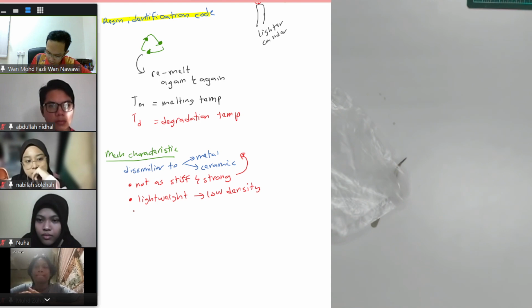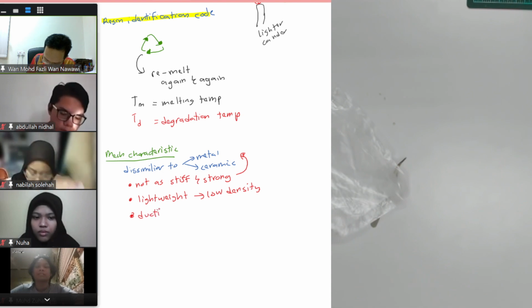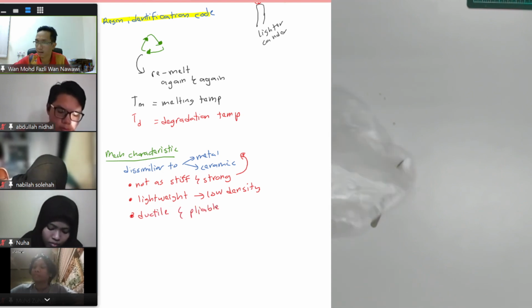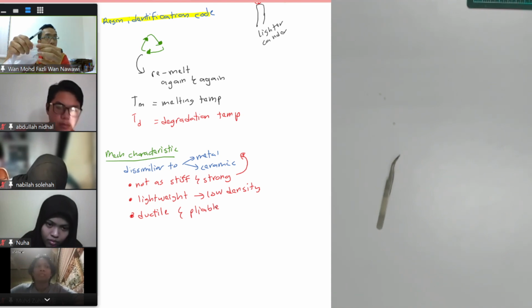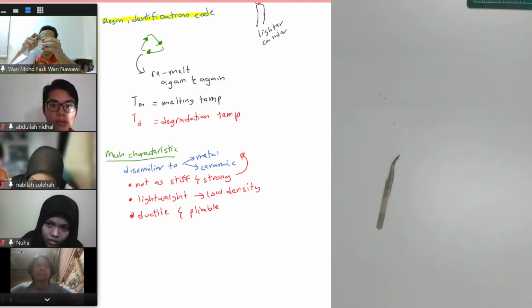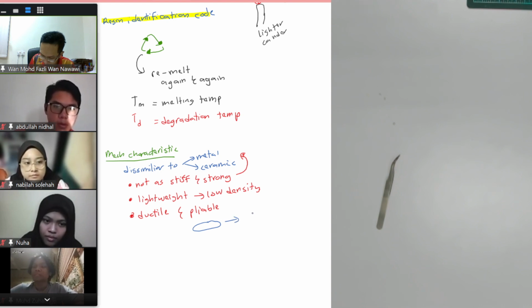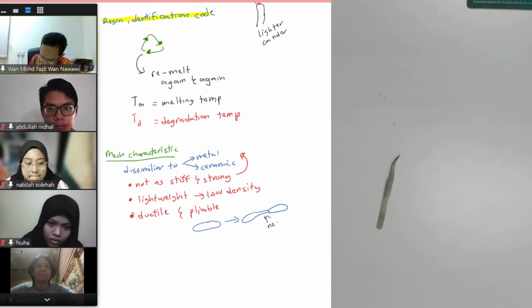And plastic is also ductile and pliable. Ductile means when I pull this thing, you can see it becomes necking.